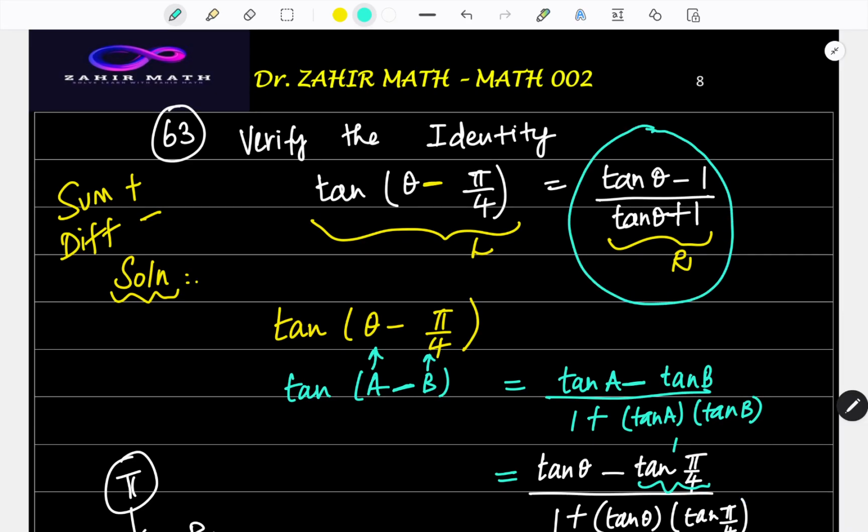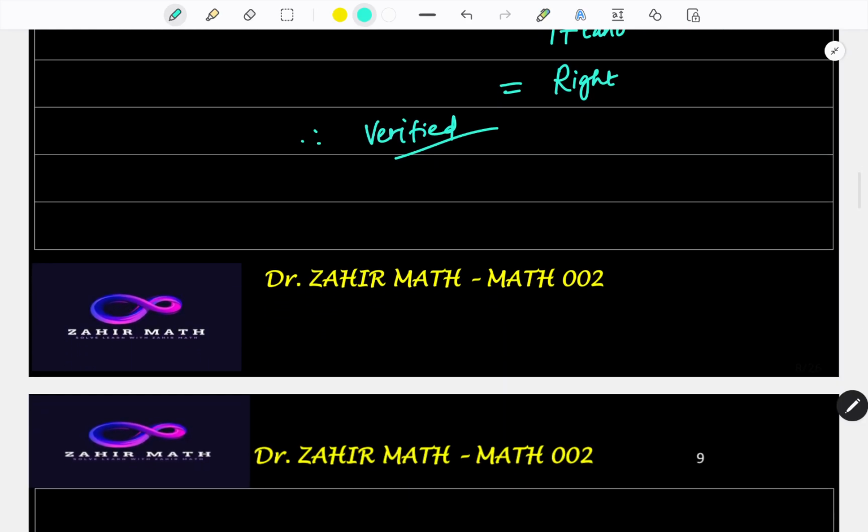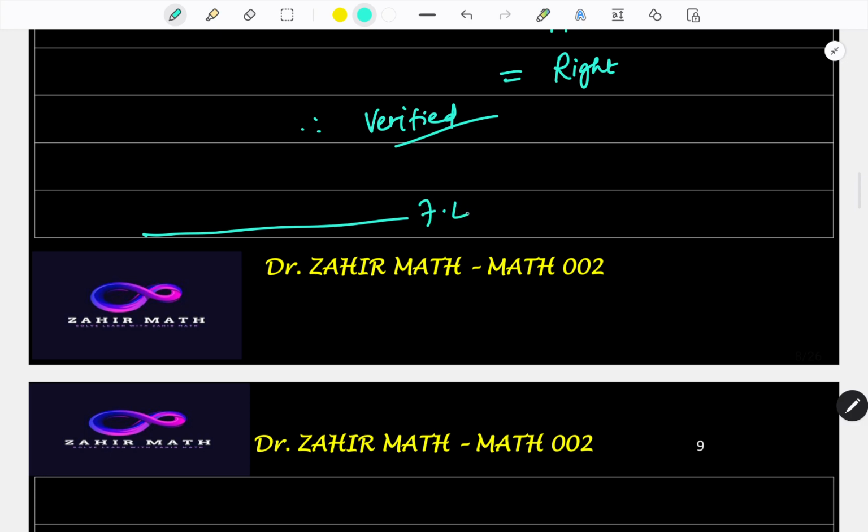Right? So tan theta minus 1 divided by tan theta plus 1, which is equal to your right hand side. Therefore, we verified, right? Left is equal to right. So this finishes your exercise 7.4. Clear all of you? Right? So now 7.1, 7.2, 7.3, 7.4 is ready for your quiz.